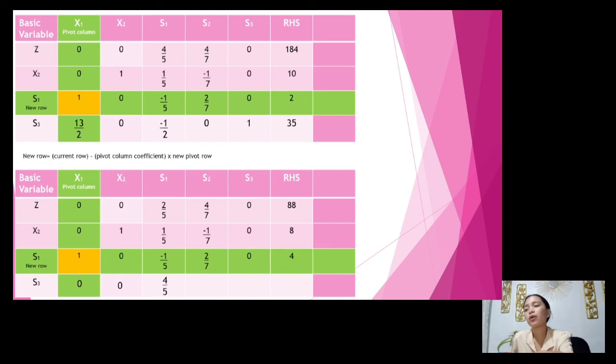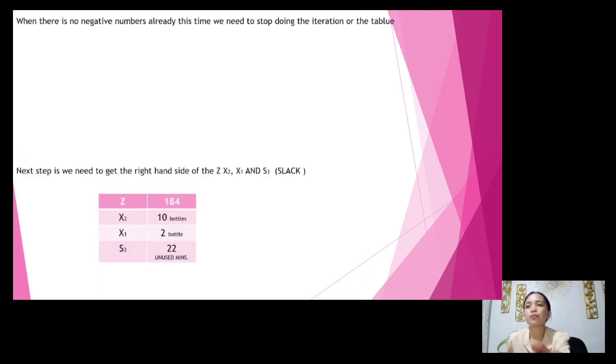Next is 0 minus 13 over 2 times 2 over 7, so it will become negative 13 over 7. So 1 minus 13 over 2 times 0 is 1. Then 35 minus 13 over 2 times 2 is 22.